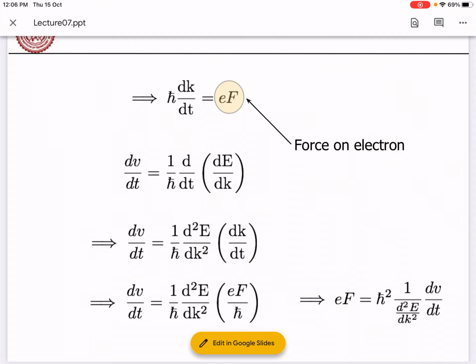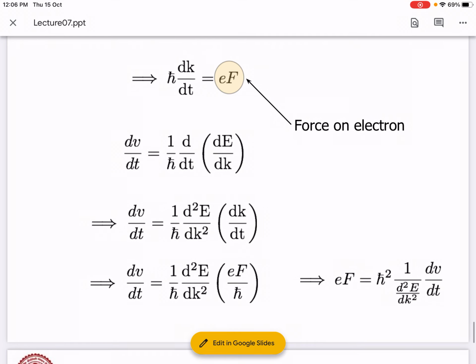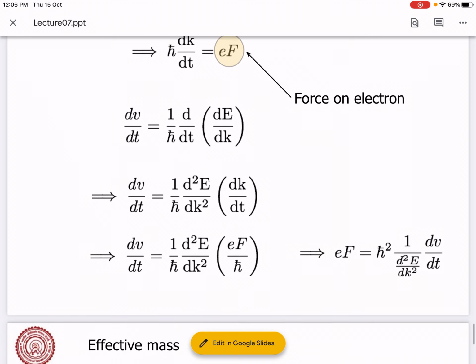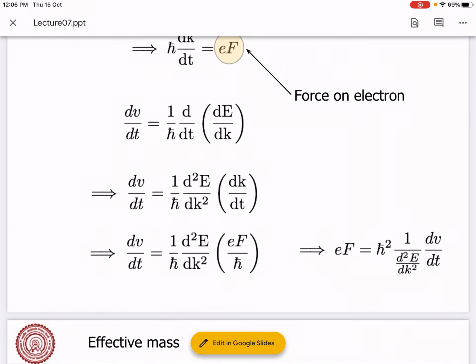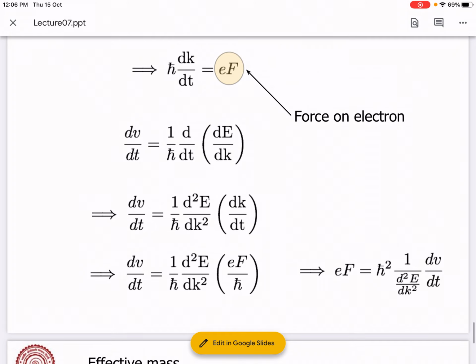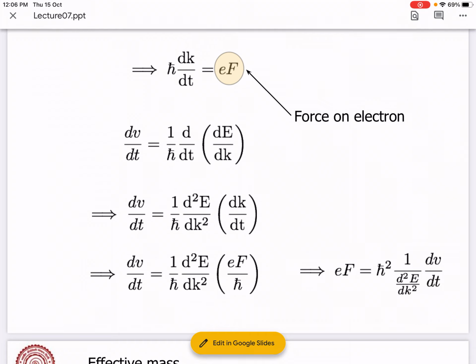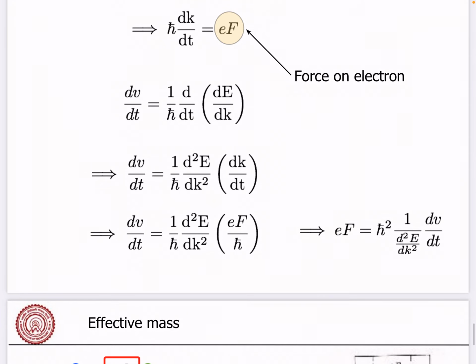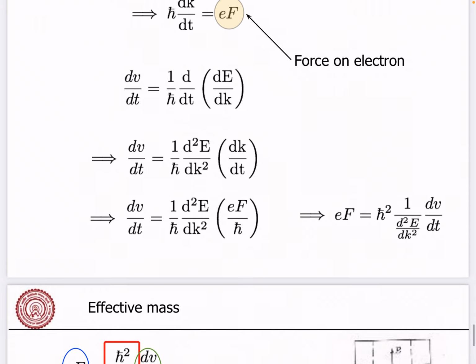I hope that you get this point. The rate of change of the electron's group velocity will be given by 1 by h-bar d2E/dk2, and dk/dt we have found from here, so this is eF by h-bar. We put it here. eF is again the force, so the force will be equal to h-bar squared times 1 upon d2E/dk2 times dv/dt.